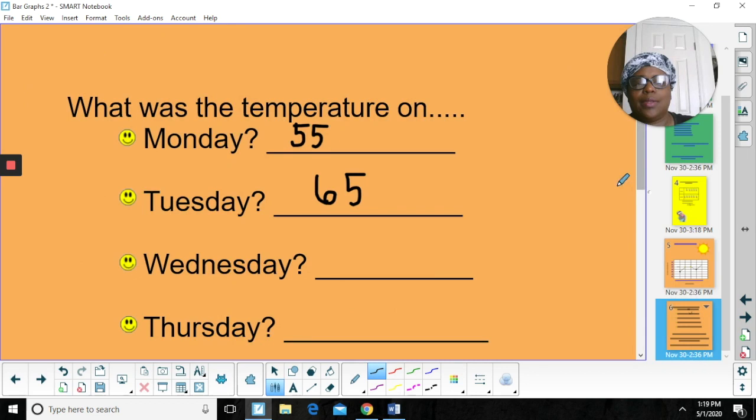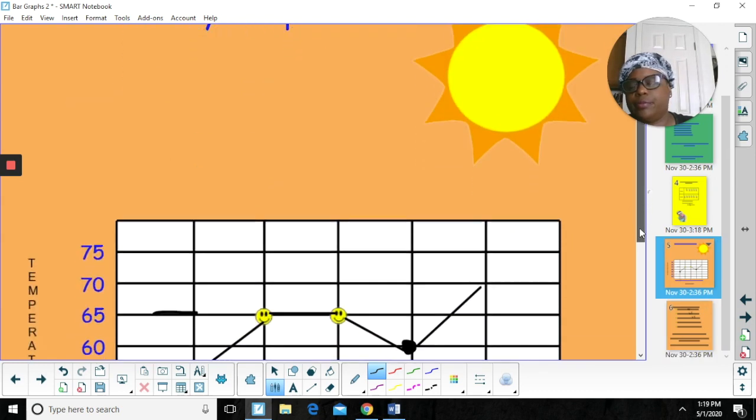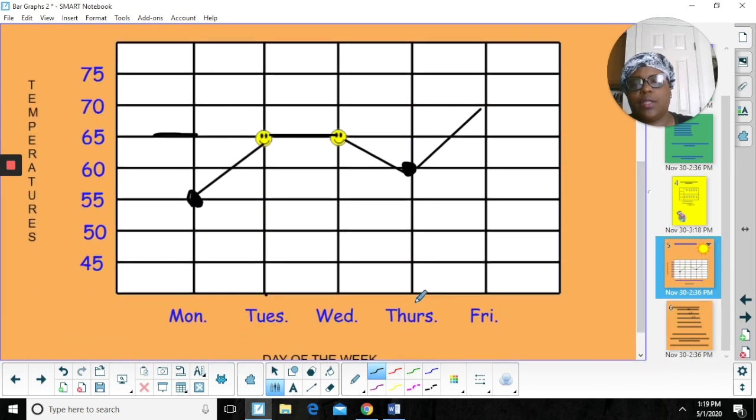Wow. Isn't that amazing? Tuesday and Wednesday had the same temperatures. Wow. What was the temperature on Thursday? Let's go to our graph. Let's look at Thursday. Up and over. What was the temperature? 60.